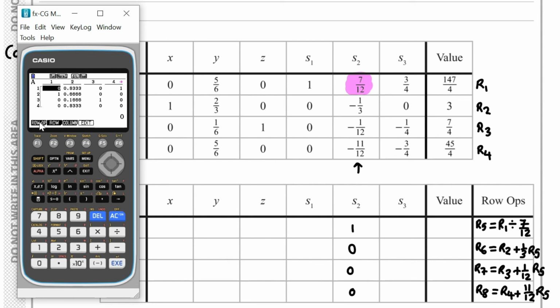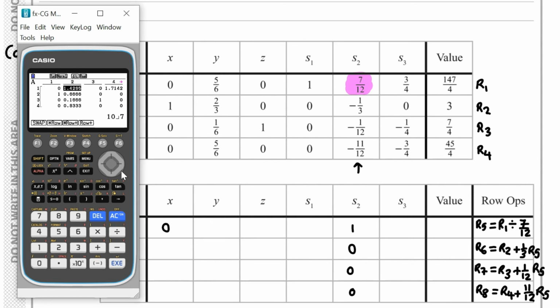And if we click F1 for row operations, we will multiply the first row by 12 over 7, which is equivalent to divided by 7 over 12. So here we have 12 over 7. So if we execute, here we've got 0.